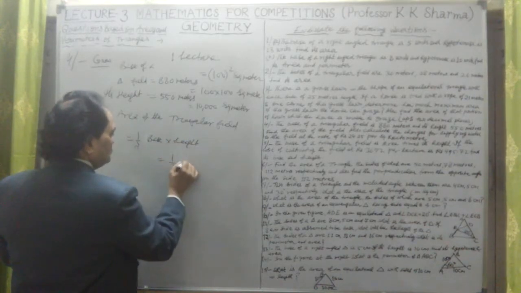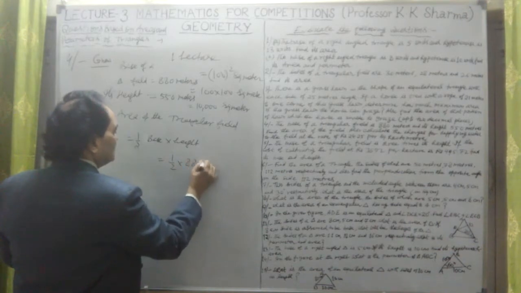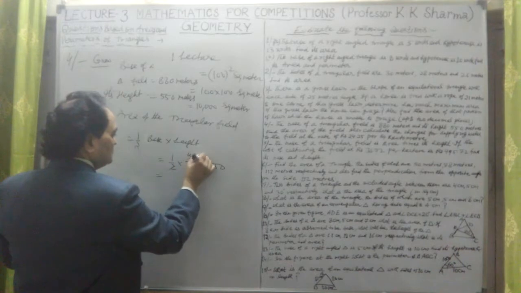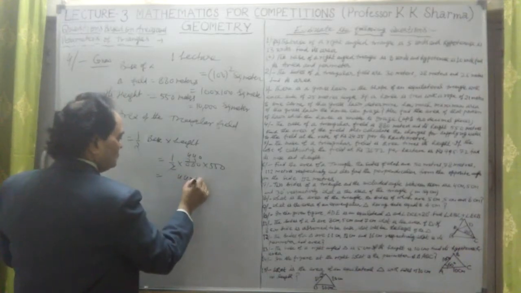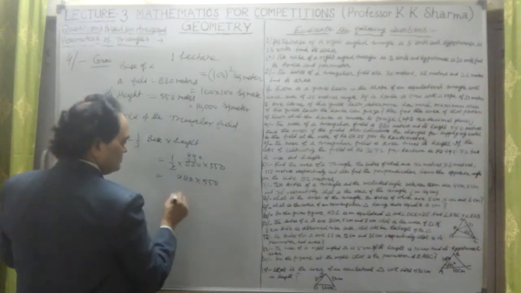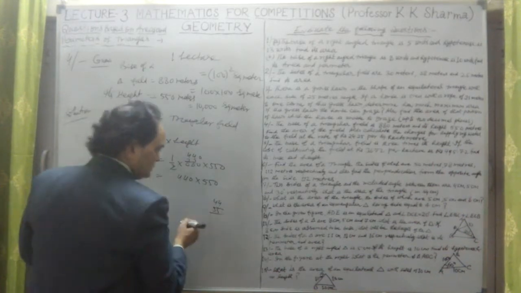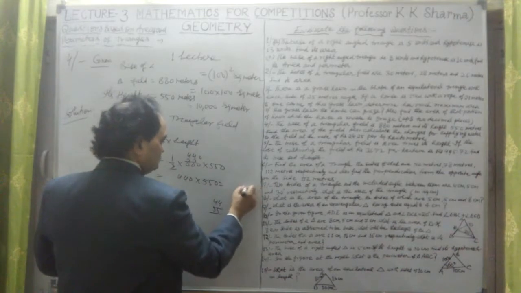That is 1 by 2 into 880 into 550. 2 times 440 is 880, so it is 440 into 550. Only 44 into 55 you have to do. Two zeros are there.